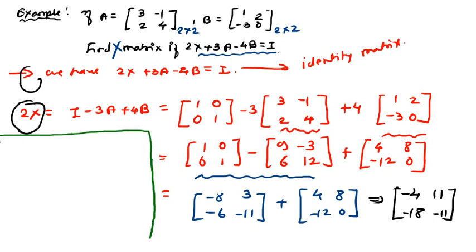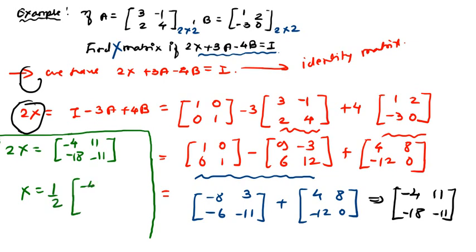So what we got for 2x is [-4 11; -18 -11]. Okay, so finally we get x. Now take this 2 to the RHS, this will be 1 by 2 into [-4 11; -18 -11]. So that is our final answer.